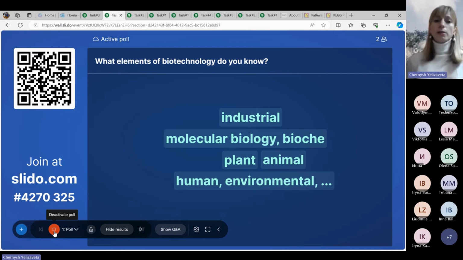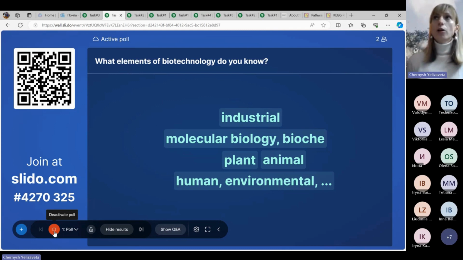We need substrate. Substrate is also an element of biotechnology, and substrate can be different. For example, for environmental protection systems, for biogas technology, it is possible to use different types of organic waste as substrate for microorganism growth. Yes.